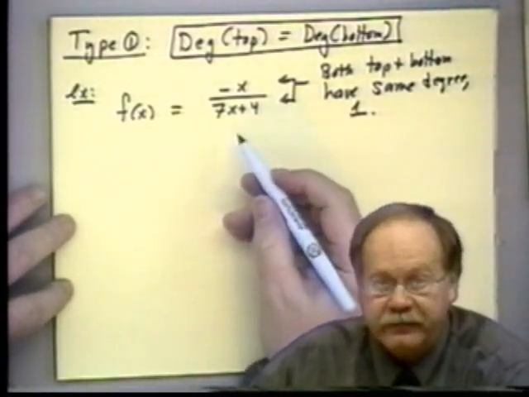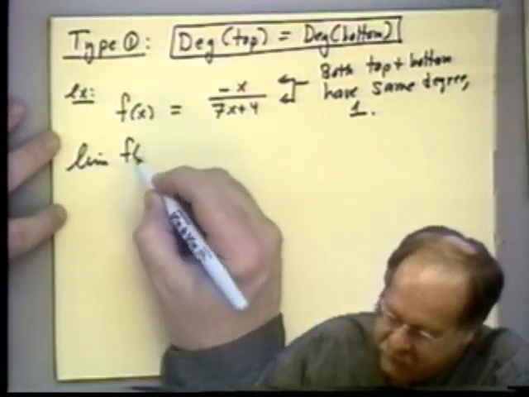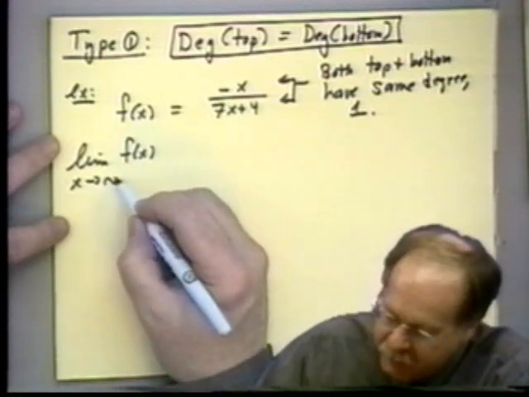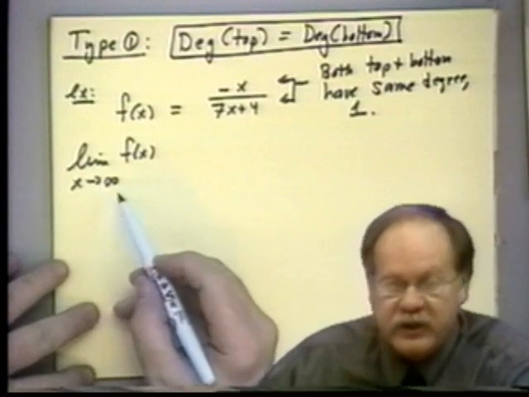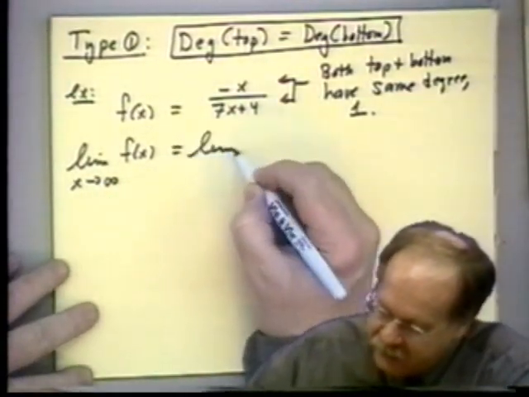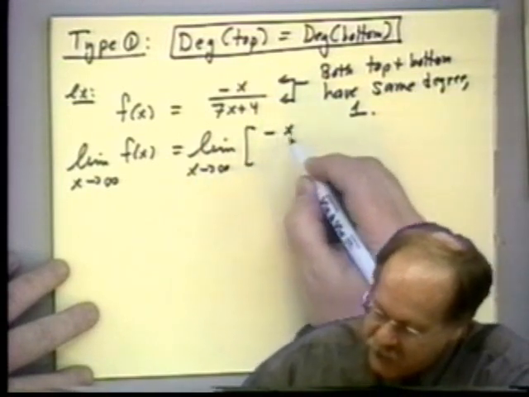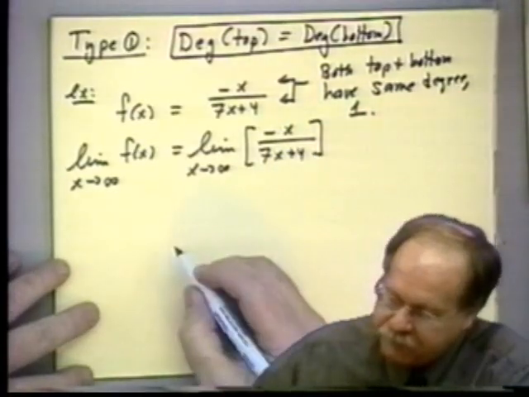They're both linear. All right. What happens now if I take the limit of this function as x goes to one of the infinities, because the idea will be the same for both. So I'll just let x go to plus infinity. And so I have the limit as x goes to infinity of this rational function, minus x over 7x plus 4.